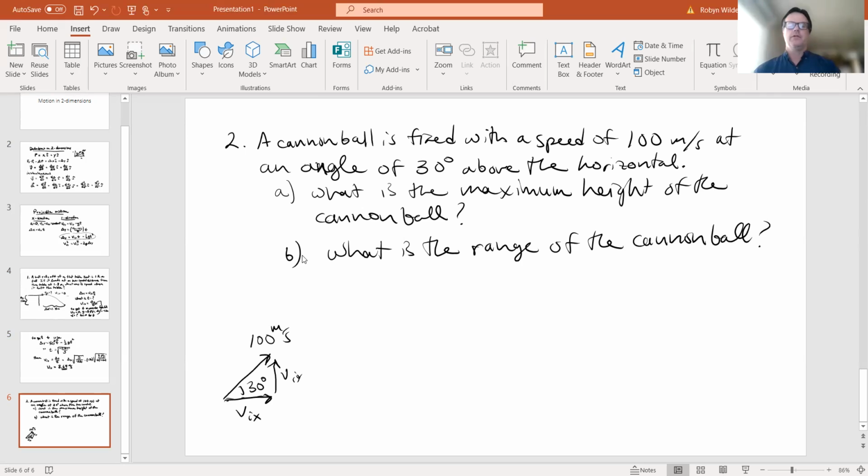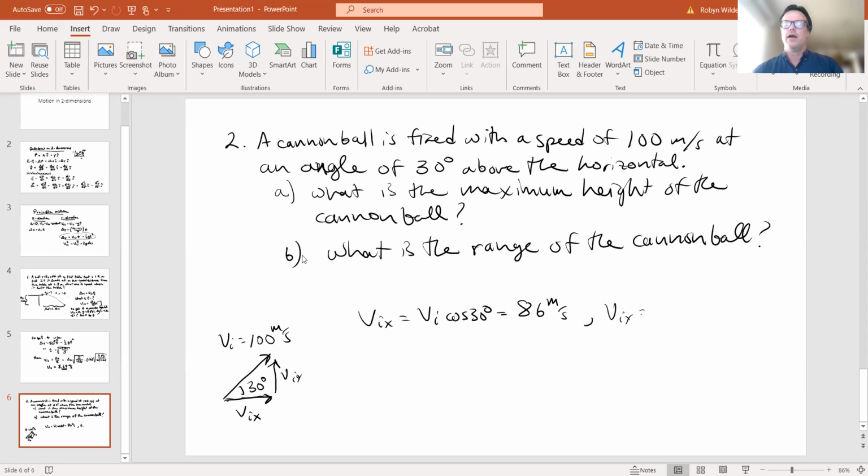Now to get those components, just like any vector, I have to use trig. So my VIX is my VI, which is the 100 meters per second, cosine of 30, right? Because it is the adjacent side of this triangle. Plugging in the numbers, I think you get about 86 meters per second in the x direction.